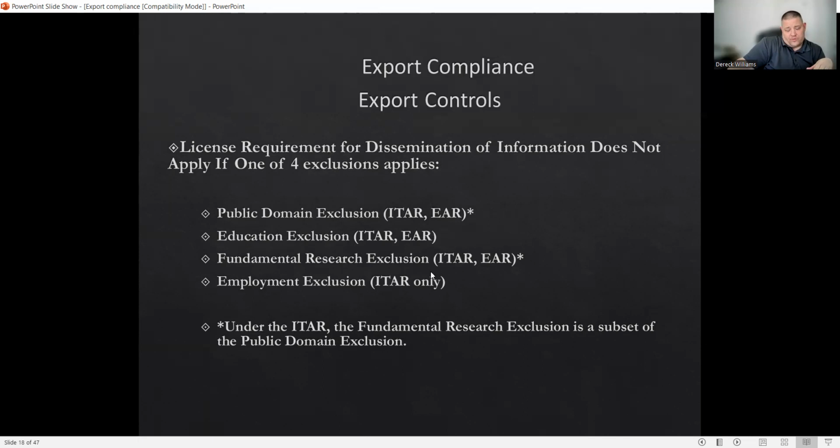If there's a fundamental research exclusion, that falls under the ITAR or the EAR. Or if there's an employment exclusion, that's typically ITAR only. Under the ITAR, the fundamental research exclusion is a subset of the public domain exclusion. So if you're trying to figure out what falls under that research, you're going to start at public domain.